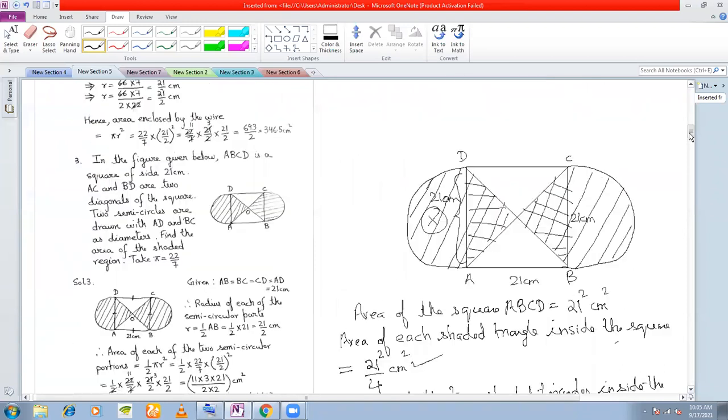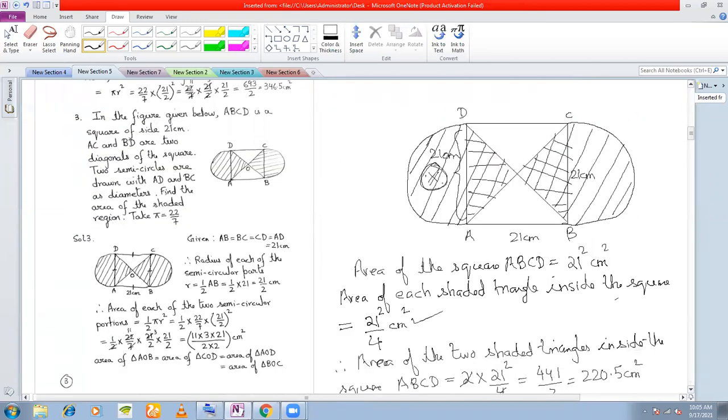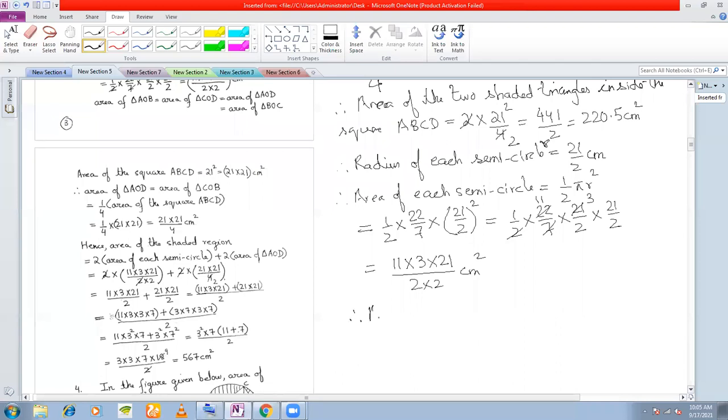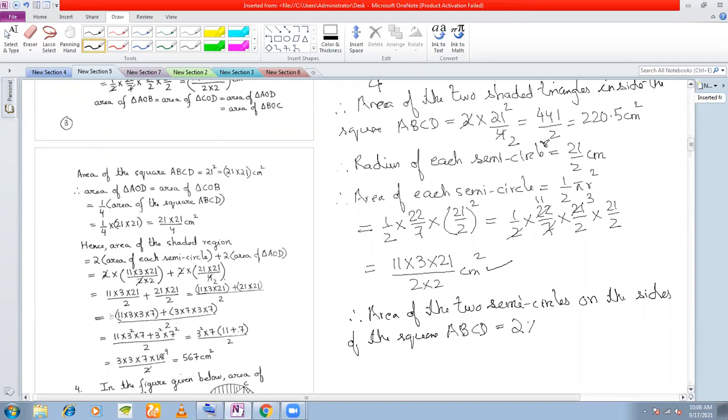So therefore, area of this semicircle we have found out. So what is the area of both the semicircles? You multiply the area of each semicircle by 2. Therefore, area of the two semicircles on the sides of the square ABCD, area of each semicircle here into 2.